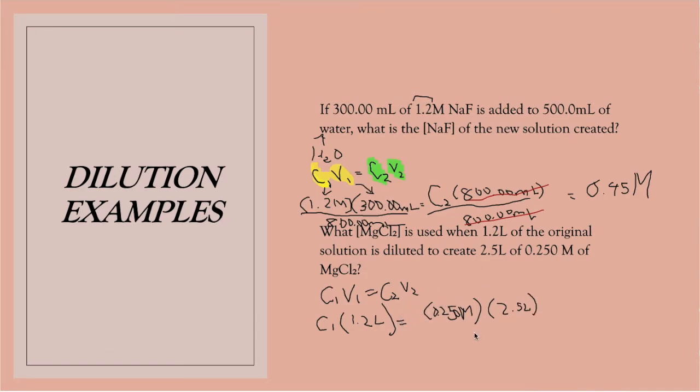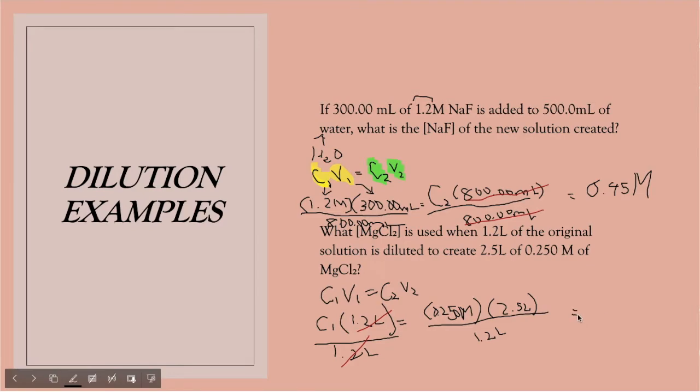And what we do here now is divide both sides by 1.2 liters. This is once again so as to single out the unknown variable. So we cancel these out, and now we just solve.